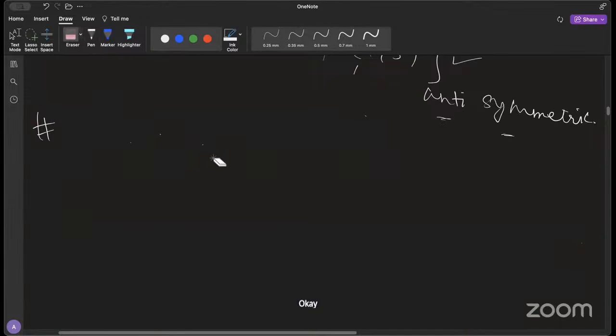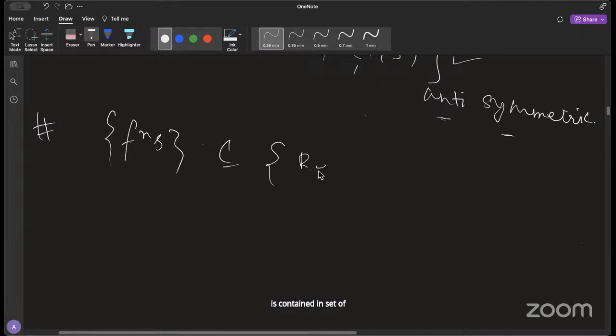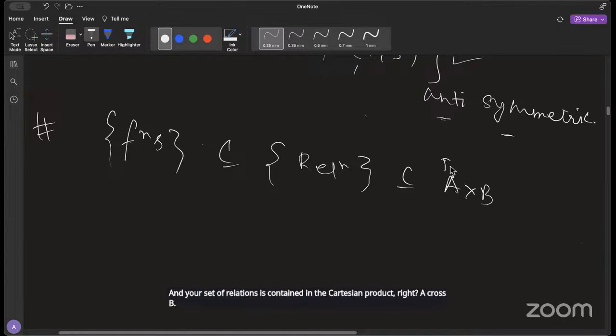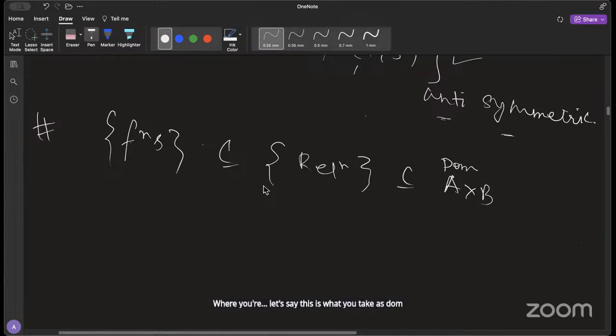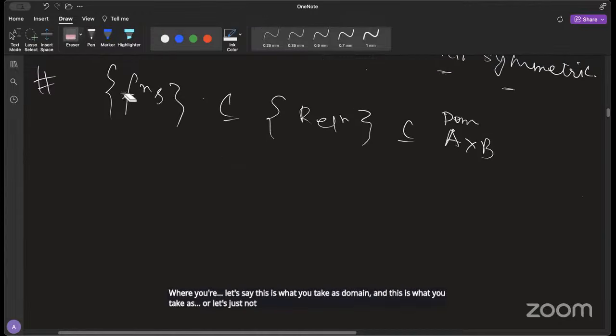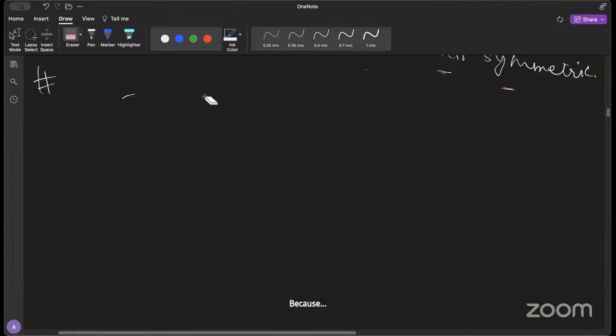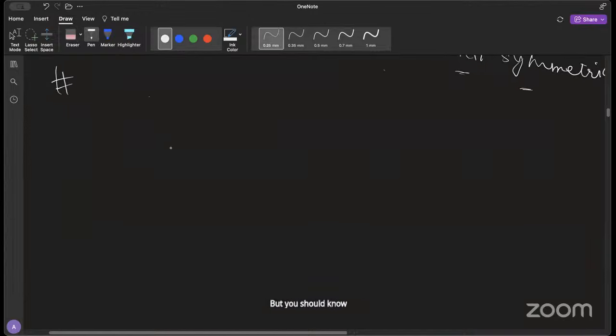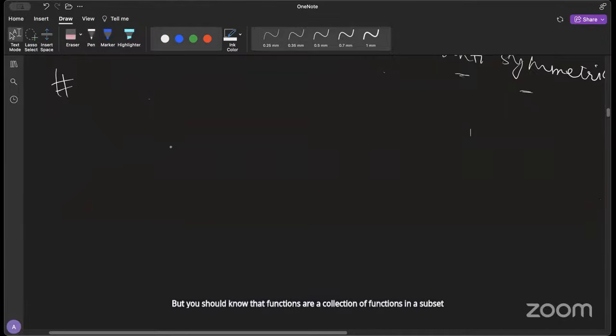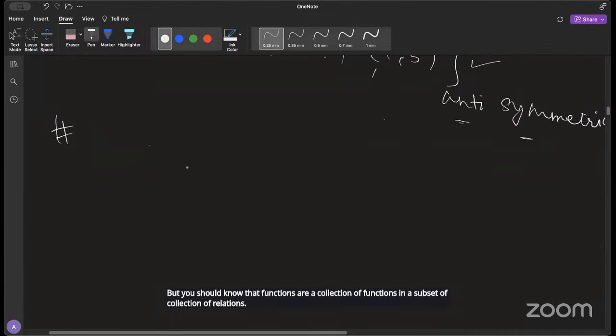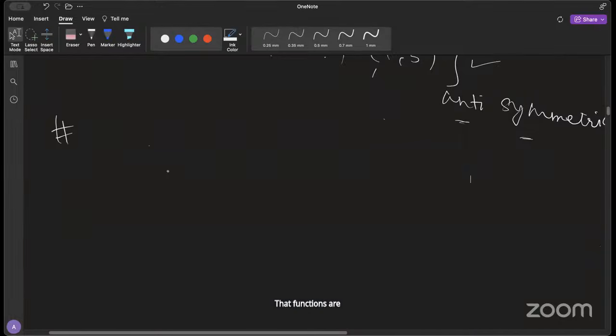So your set of functions is contained in the set of relations, and your set of relations is contained in the Cartesian product A cross B. You should know that the collection of functions is a subset of the collection of relations, that functions are special types of relations.